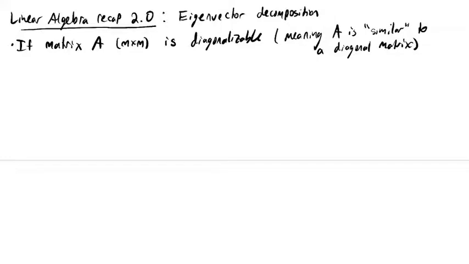Similar is in quotes. I'll come back to that in a second. A diagonal matrix is just a matrix that has all the non-zero entries in the diagonal of the matrix, right? So outside the diagonal of the matrix, everything is 0. Similar means I can change the basis for my space to transform the matrix A into a diagonal matrix.